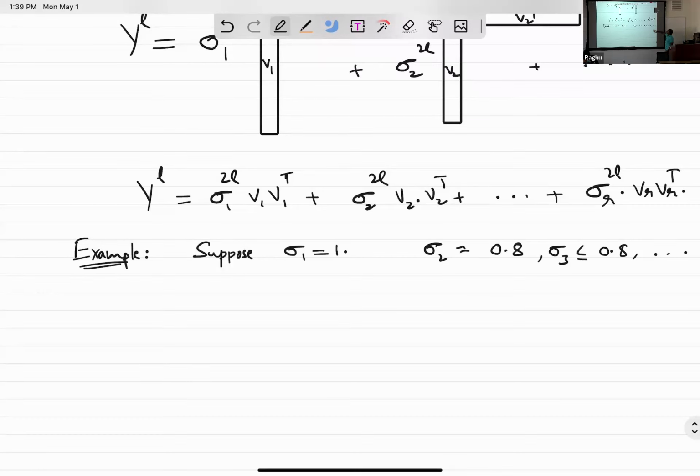When you raise to higher and higher powers, these things are decaying exponentially compared to the first term.